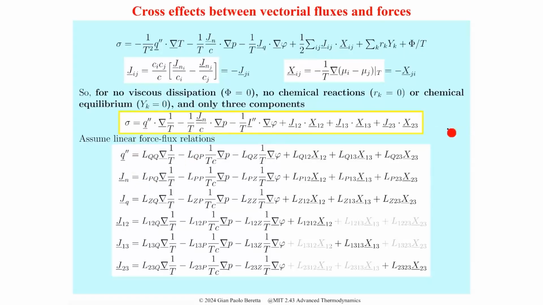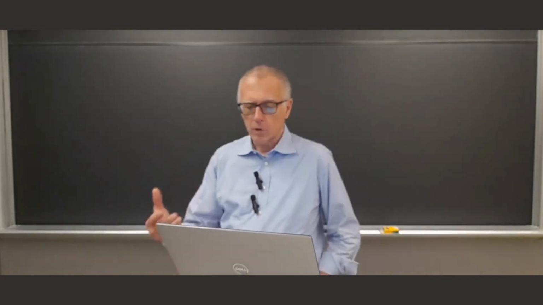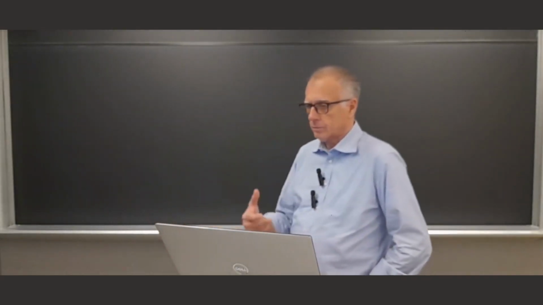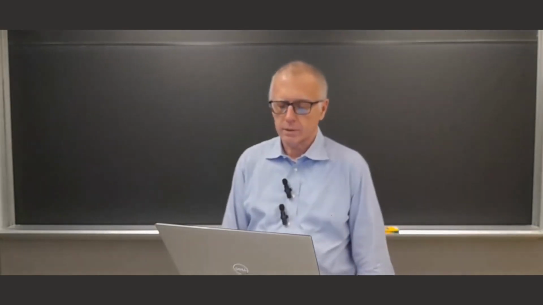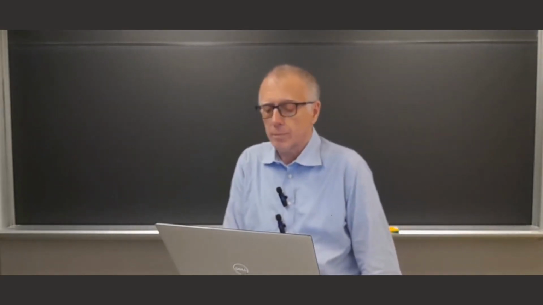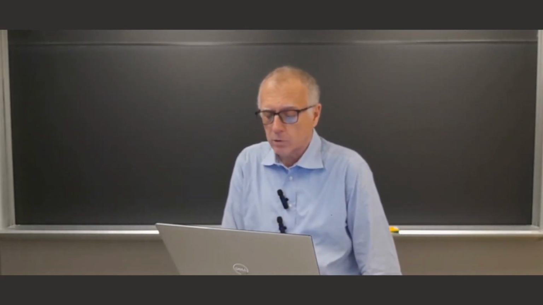So we have 6 terms, 6 different extensive properties that can be transported in our system, and 6 different degrees of disequilibrium which control and drive the system back towards equilibrium.